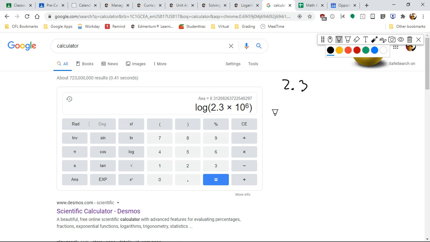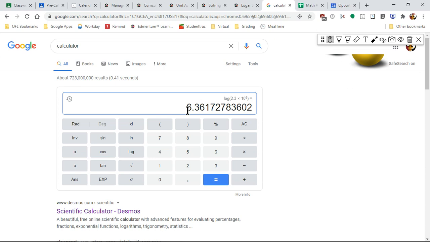So it's going to be times 10 to the 6th power. So that means I have to move this decimal 1, 2, 3, 4, 5, 6. So that's how I get 2,300,000. So if I do that, I should get this 6.36.